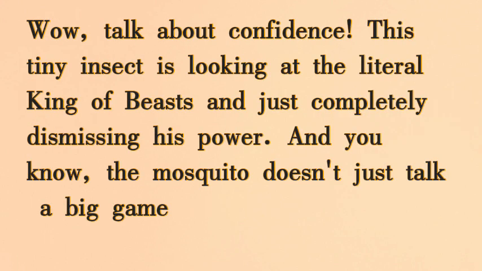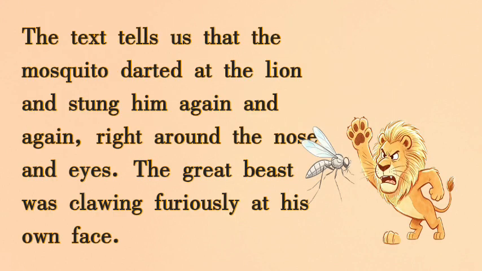Wow! Talk about confidence! This tiny insect is looking at the literal king of beasts and just completely dismissing his power. And you know, the mosquito doesn't just talk a big game. The text tells us that the mosquito darted at the lion and stung him again and again, right around the nose and eyes.